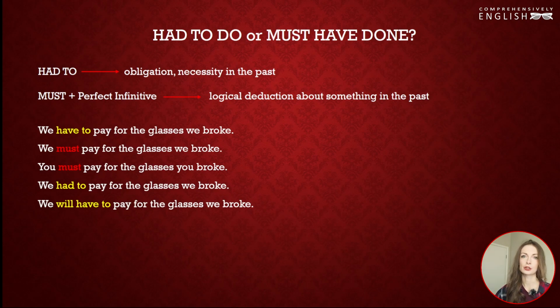This difference is lost in the past because we only have had to in the past. The same thing is about the future. We will have to pay for the glasses we broke tomorrow. Yeah, we will have to. We will be forced to, we will be obliged to, it will be necessary.